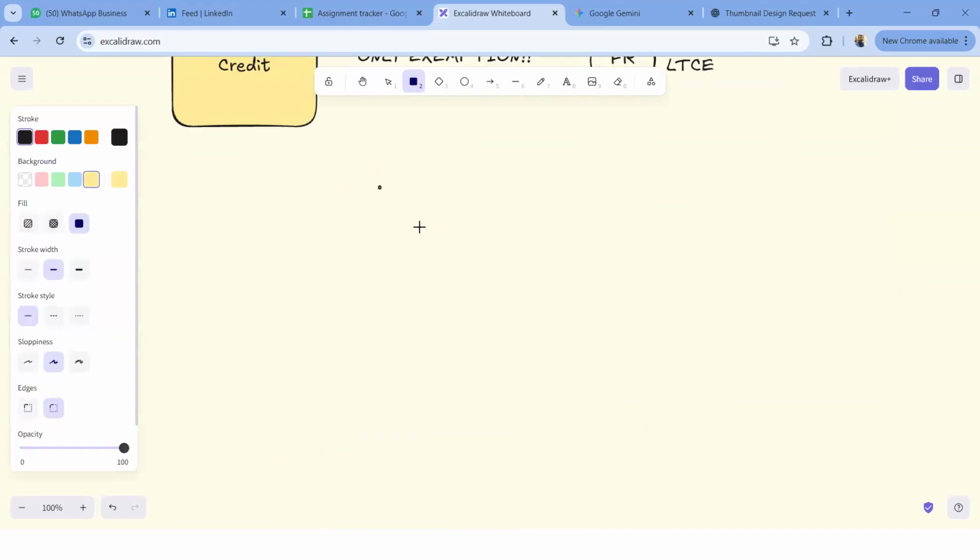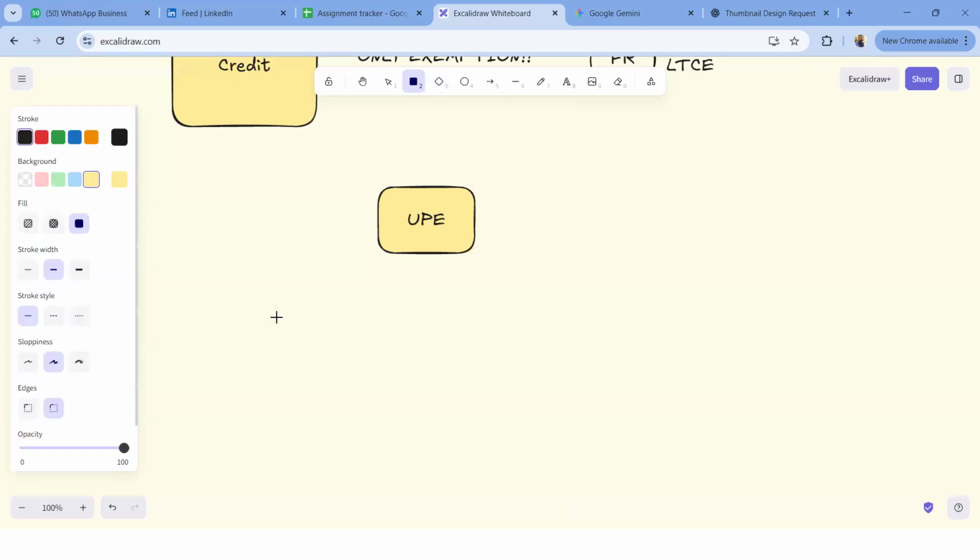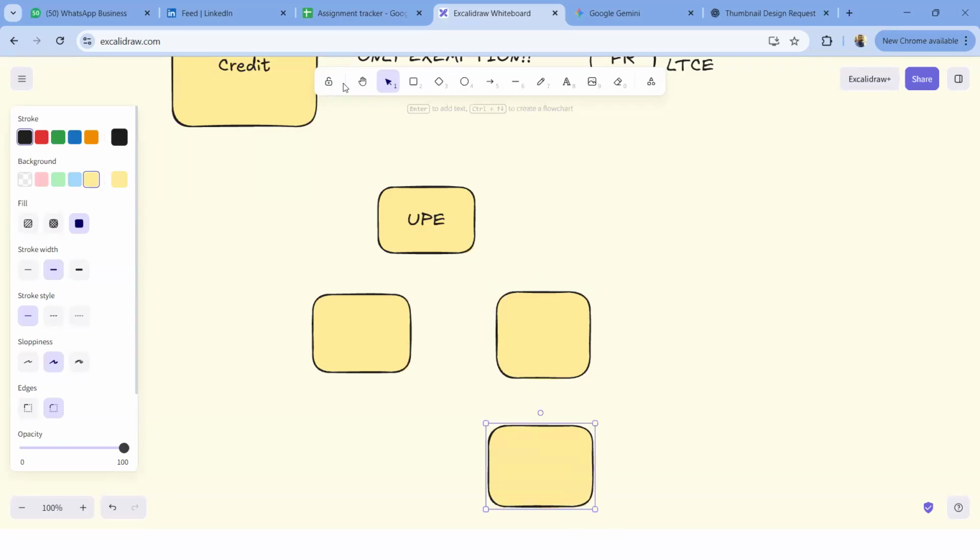Let's take an example. Let's take that this is the UPE, and then there is another company, and one more, and this holds one, and this holds one.